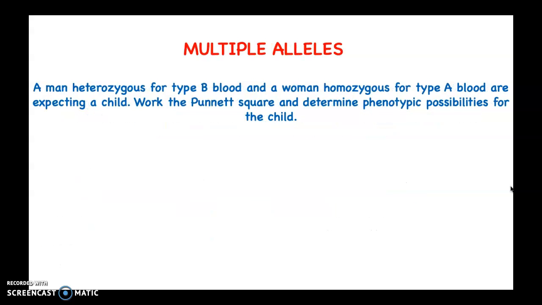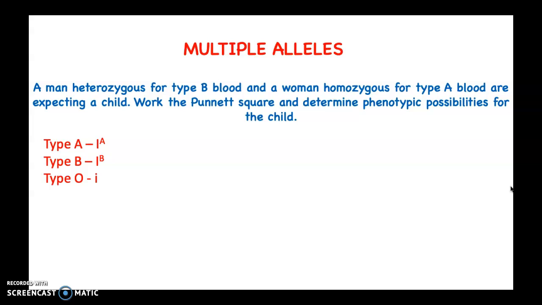And finally, we have multiple alleles. The example I gave you was blood type, because there is a gene for A, a gene for B, and a gene for O. Multiple alleles means that there are three or more possible types of alleles. Again, we're dealing with gene pairs. There's just more than two different alleles possible.